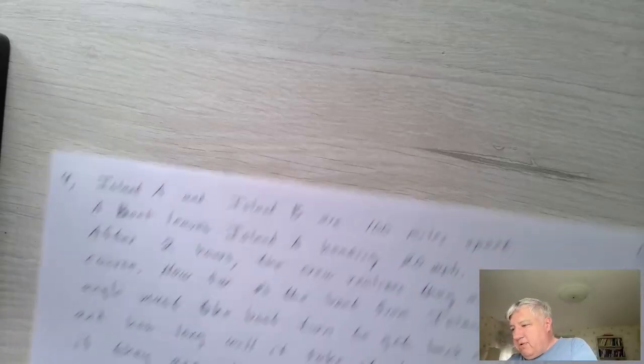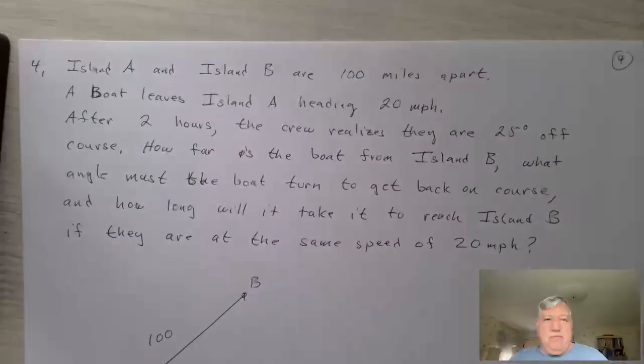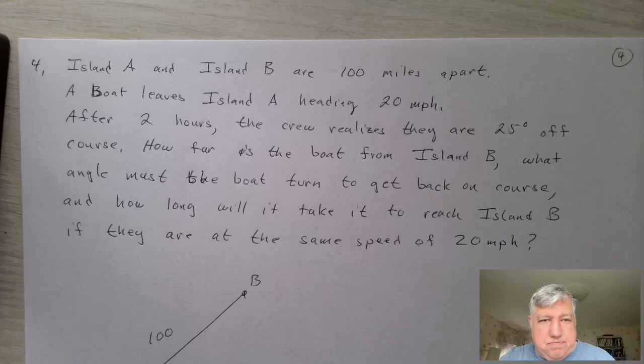Let's look at the next example, which has nothing to do with baseball or sports. It's something I like doing a lot better than baseball, and it's boating. In this case, we're boating from one island to another. They're 100 miles apart. A boat leaves island A, heading 25 miles per hour.